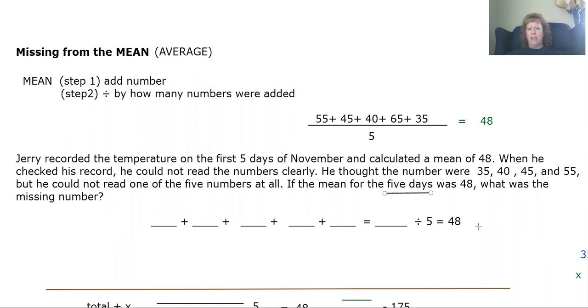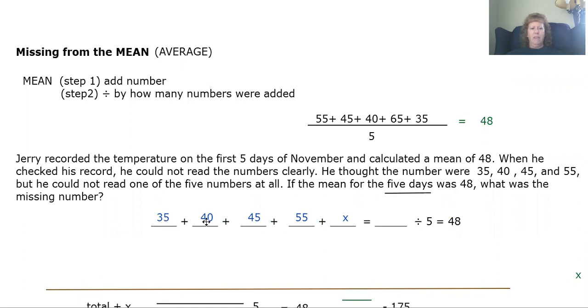It's already told us that the mean is going to be 48. So let's fill this in with the 4 numbers that they've given us, and an X for the 5th number that we don't know.